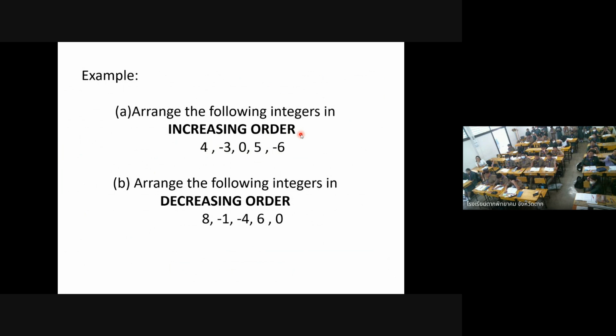So the order should be -6, -3, 0, 4, and then 5. Do you understand? Okay, now let's try this one in decreasing order. So decreasing, what does decreasing mean? Okay, so let's have this one in here.